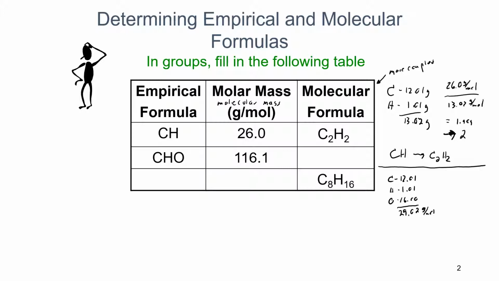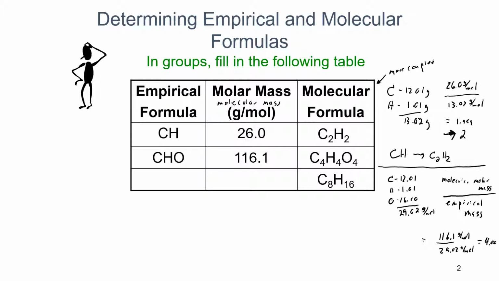We can find out what our multiplier ratio is again by taking our molecular molar mass divided by our empirical mass, and that will give us the multiplier ratio. So if we have 116.1 grams per mole divided by 29.02 grams per mole, we find out that that's equal to 4.00. So therefore, we know that our ratio has to be 4 carbons, 4 hydrogens, and 4 oxygens.